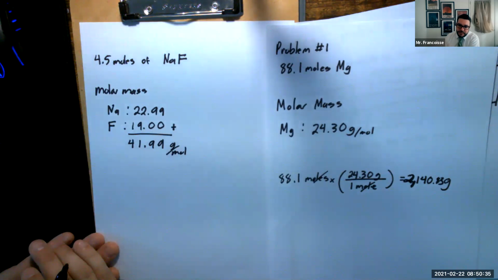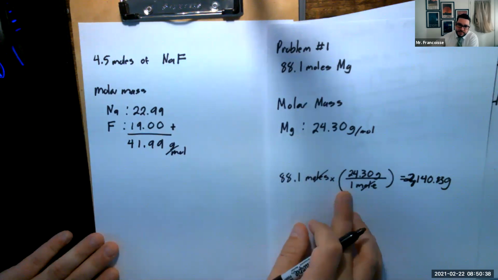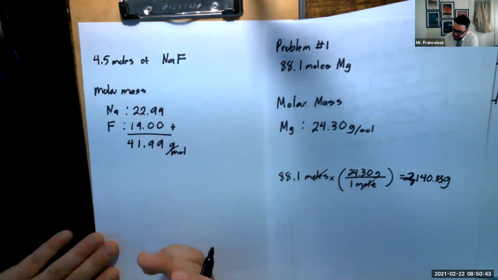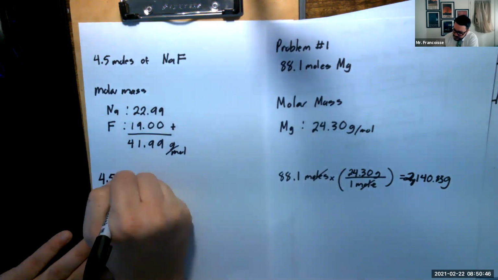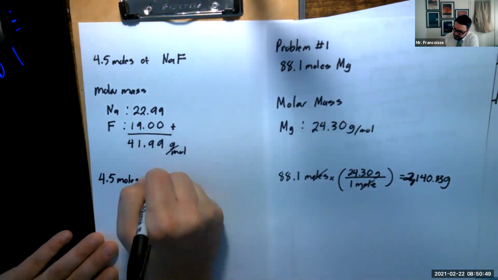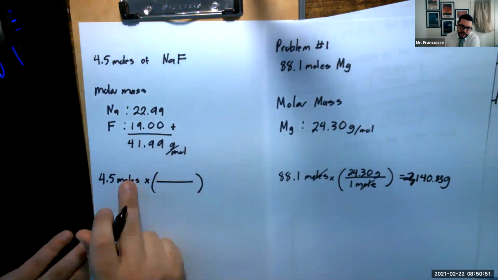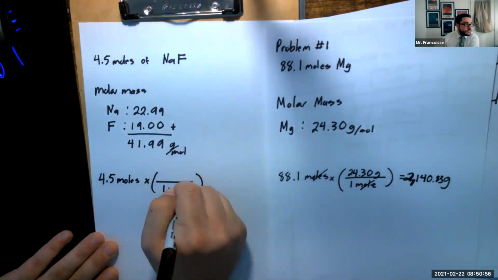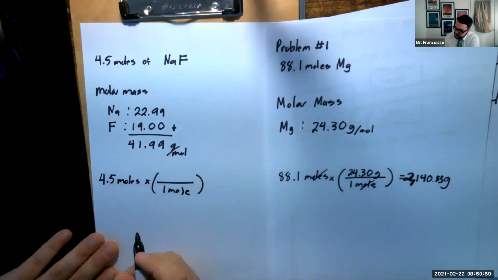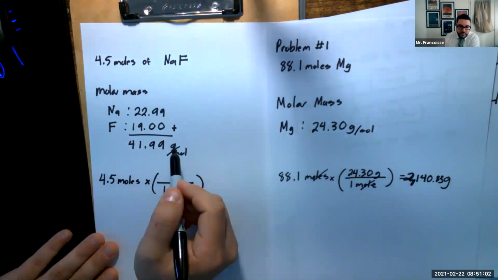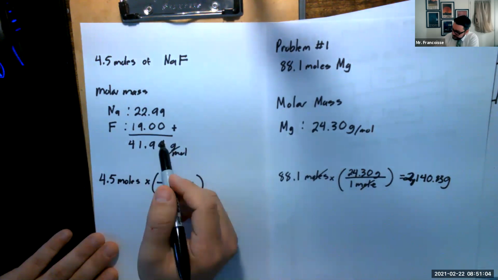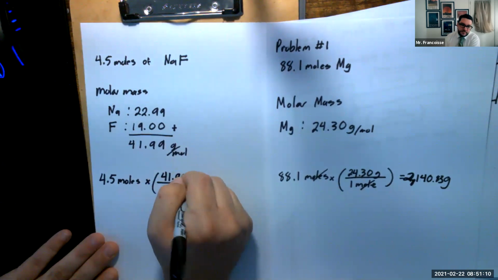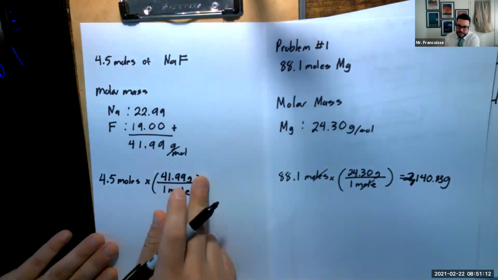So this one looks really similar. We had moles, we went to grams. We have moles, we're going to go to grams as well. So we have 4.5 moles of NaF. And we're going to set it up so that moles are on the bottom to cancel out. This is our mass, so we're going to put that on top. So here it's going to become similar to the last problem.